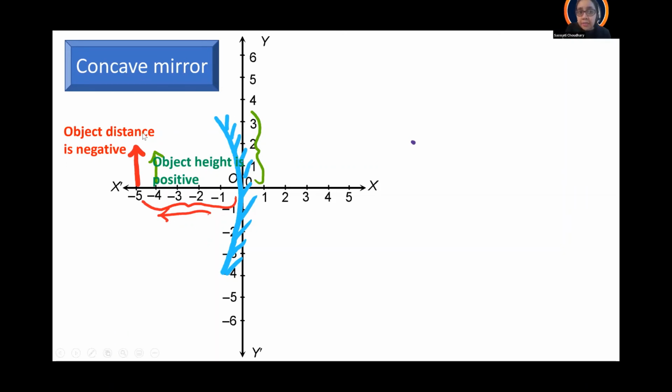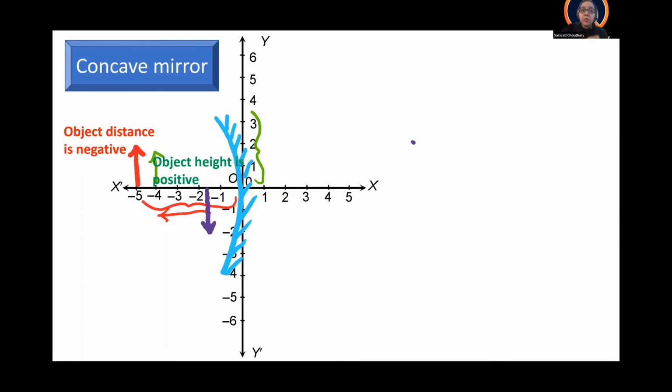So object distance is always negative, whether you take a concave mirror or a convex mirror. For concave mirror, the object is lying on the negative x-axis. Similarly, for the image.